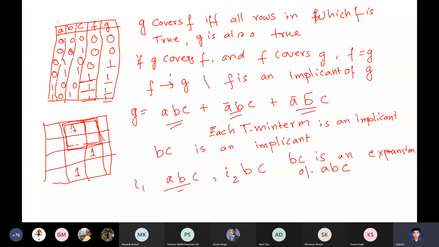So the process of combining a set of implicants in the truth table, in the Karnaugh map, and forming larger cubes is an expansion process.